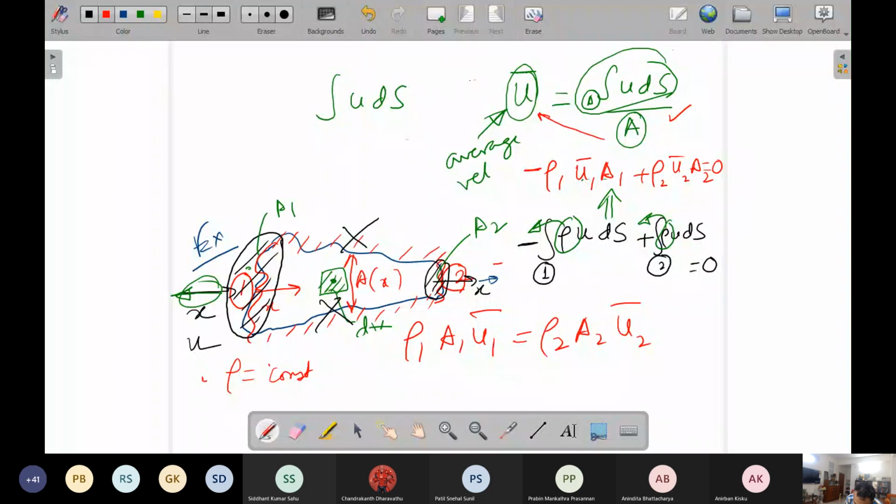If rho is constant, then it leads to A1 into u1 is equal to A2 into u2. Right? Rho constant means you have cancelled this one. Or even if rho is not constant, so now I will ask you some questions.